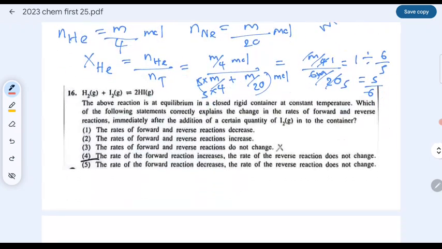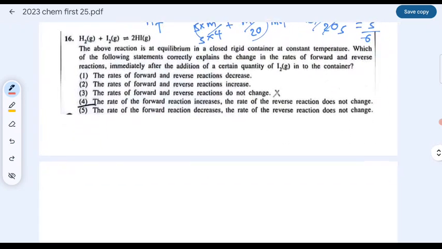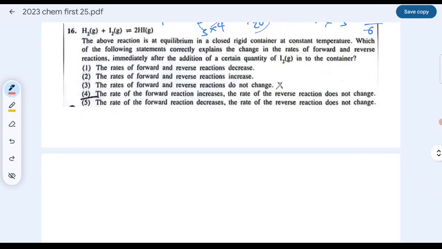Next, 16th question. H2 gas plus I2 gas in equilibrium with HI. The above reaction is at equilibrium in a closed rigid container, right, at constant temperature. Which of the following correctly explains the change in the rates of the forward and reverse reaction immediately after the addition of a certain quantity of I2 into the container?